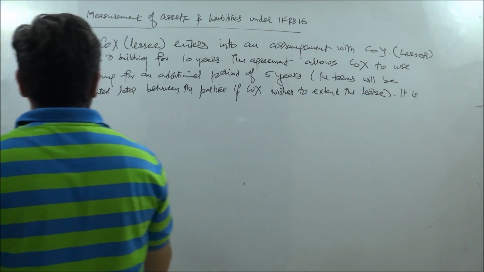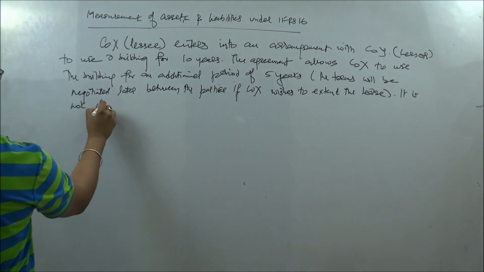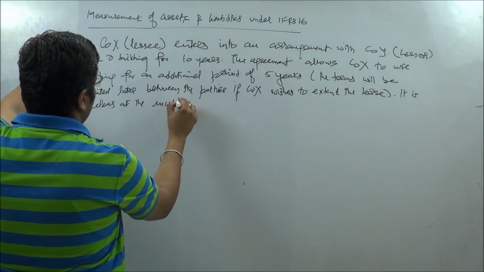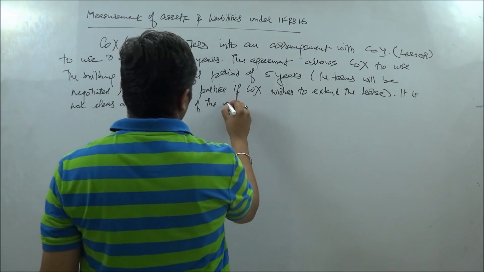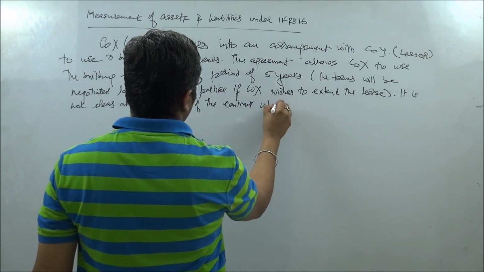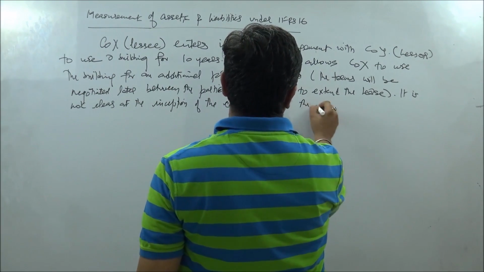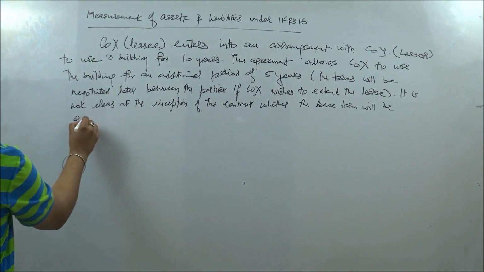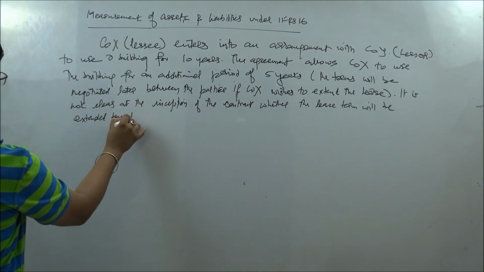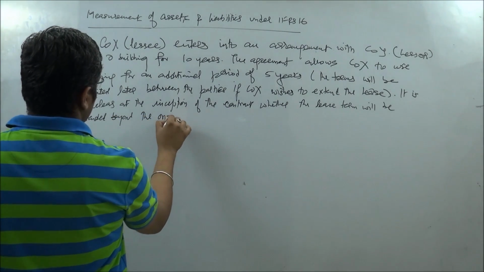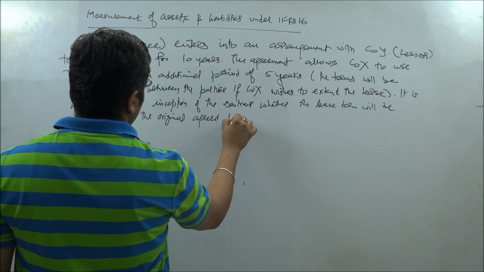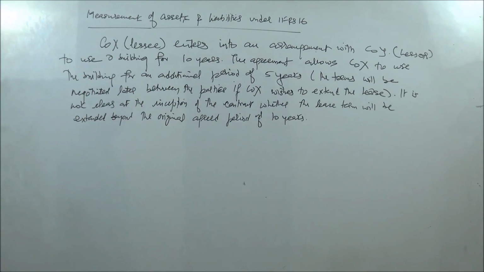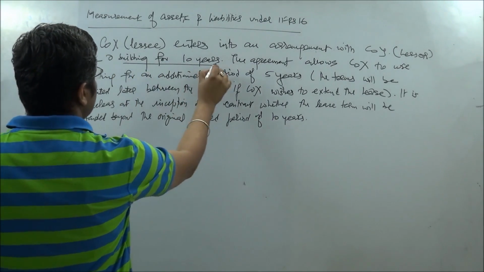It is not clear at the inception of the contract whether the lease term will be extended beyond the original agreed period of 10 years, right? So we are given this information already that the original lease term is 10 years.